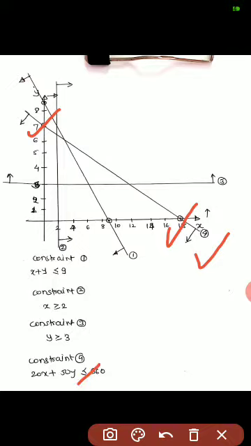Here you see, they have given the less than or equal to sign, therefore we have to consider the downward portion of this line. Now you observe this, after drawing all the 4 constraints, we should look for the common region for all the 4 constraints, and that common region will give us the feasible solution.